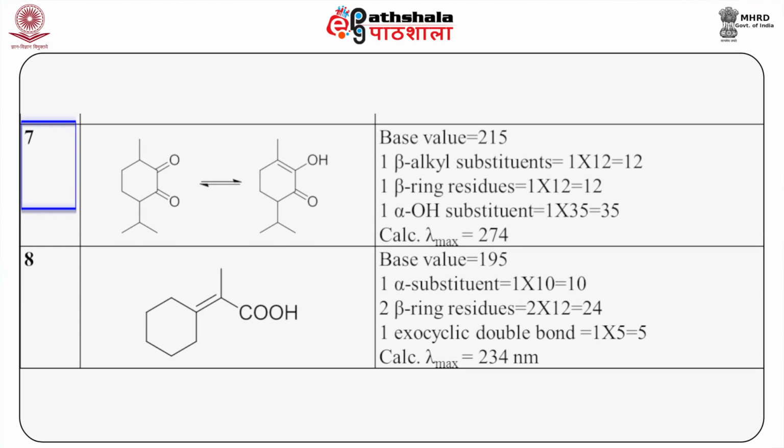Now, coming on to entry number 7, here you can see the structure is more towards the right hand side because the preferred system is the alpha beta unsaturated system.